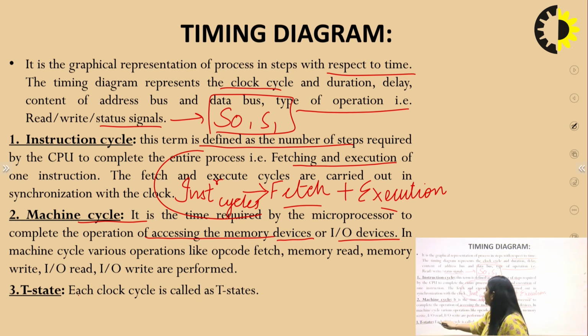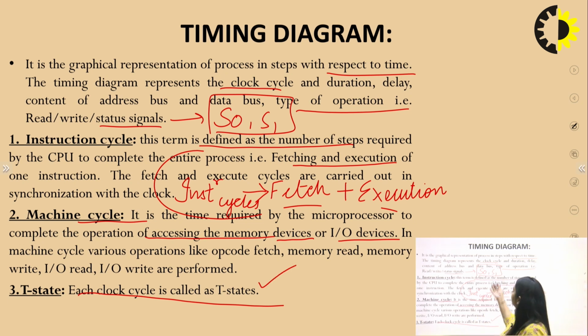And T state is generally each clock cycle, called a T state. For example, opcode fetch is a step to fetch the opcode. So here T state is our clock cycle. Every machine cycle will have some T states. Opcode fetch will have 4 T states.